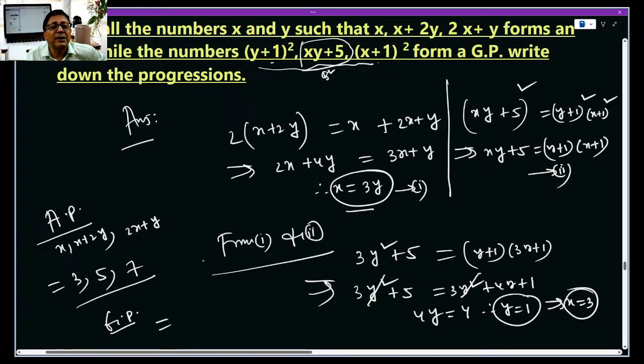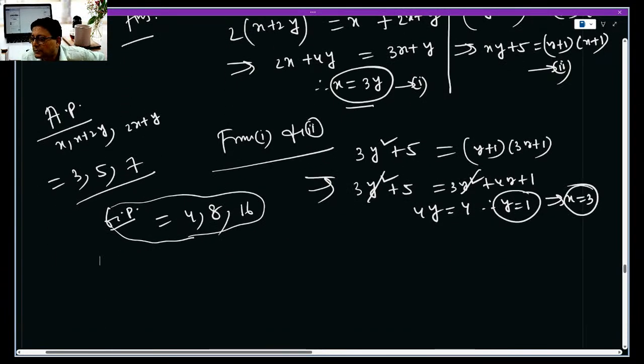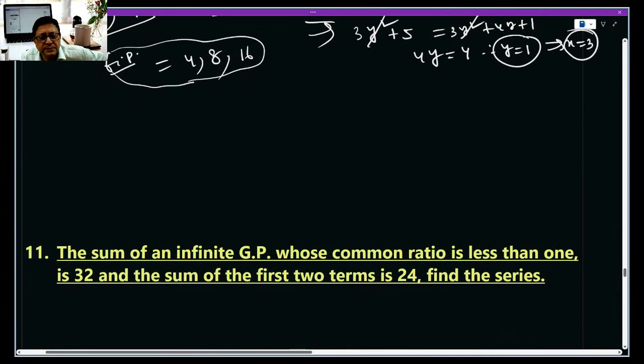Then the GP will be what? (y + 1) whole square is 4, (xy + 5) is 8, and (x + 1) whole square is 16. Clear? They are in GP. Understood? Hope all of you have understood. Then go for the next one.